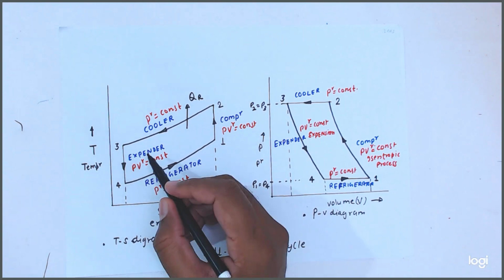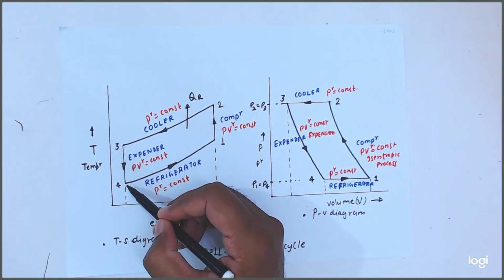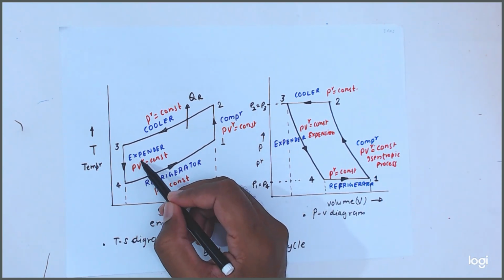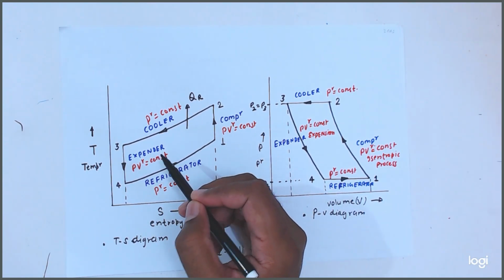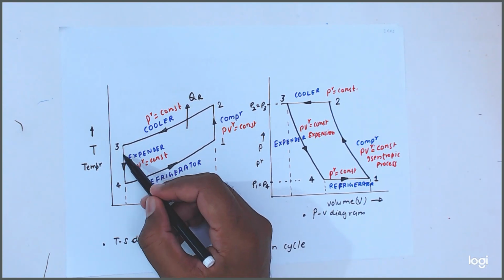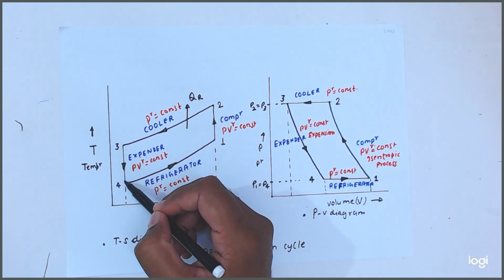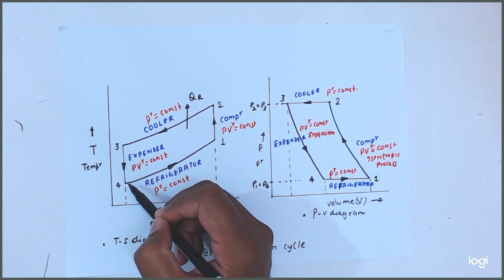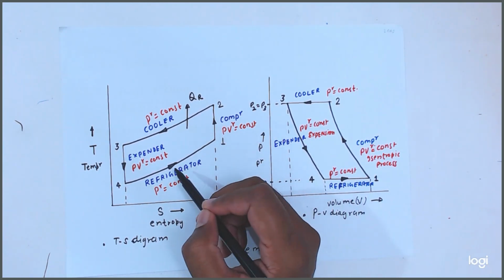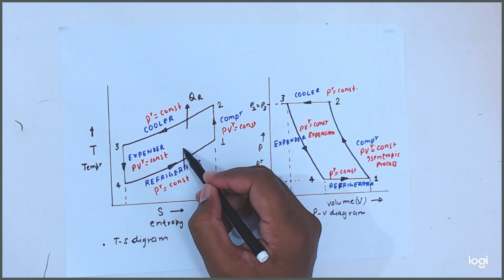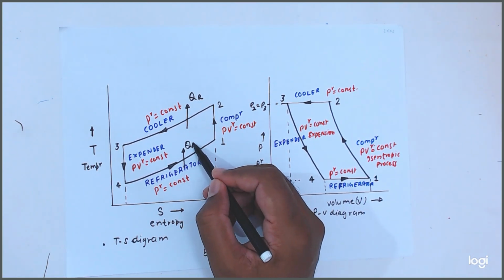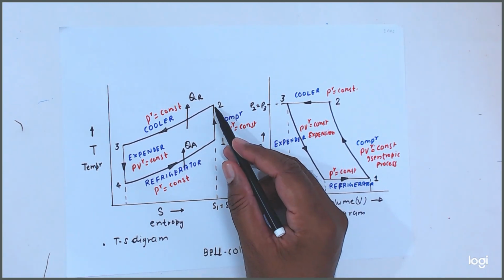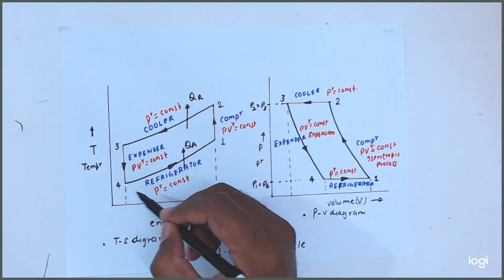Then it passes through the expander by an isentropic process, PV to the power gamma equal to constant, and because of this the temperature and pressure will reduce. Then it passes through the refrigerator, where it will absorb the heat. So heat addition is there in the refrigerator, then again it passes through the compressor.